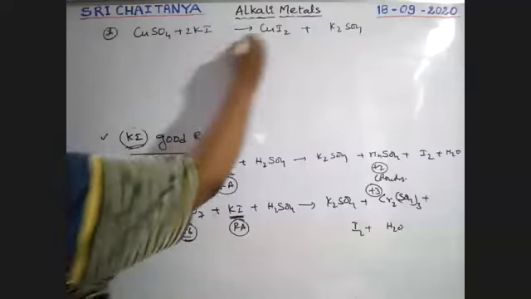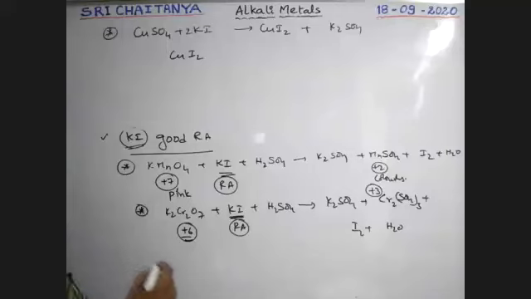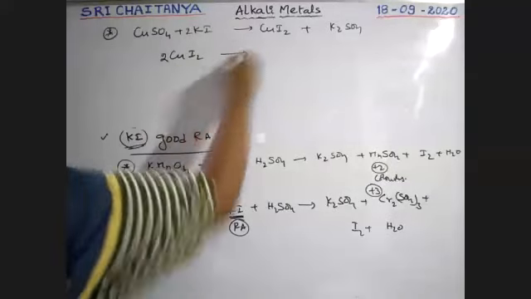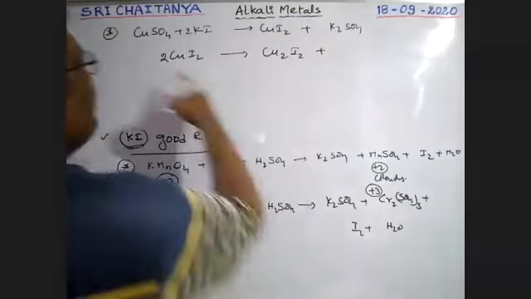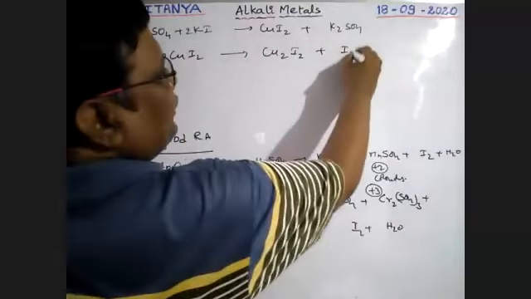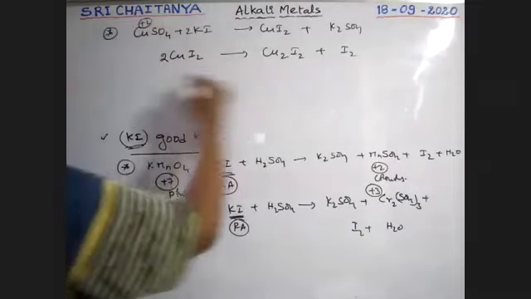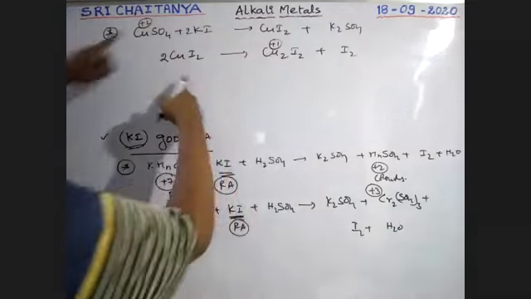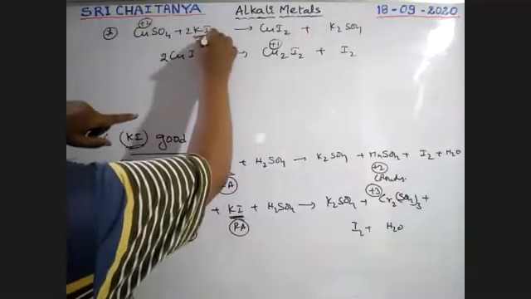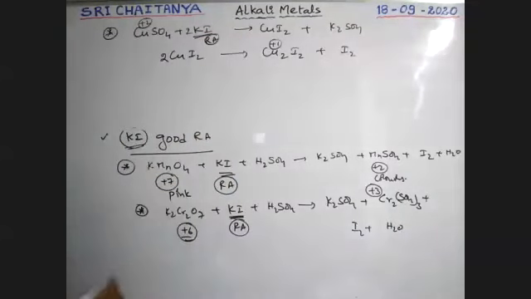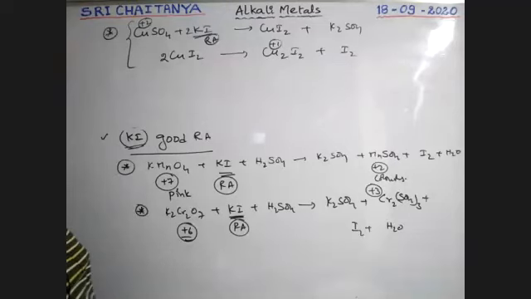The CuI2 that formed itself decomposes into Cu2I2 plus I2. Balance it. Here copper is in the +2 oxidation state, and in the final compound copper is in +1. So +2 is changed to +1. It is reduced with the help of potassium iodide, therefore potassium iodide acts as a reducing agent. It is a sequential reaction.